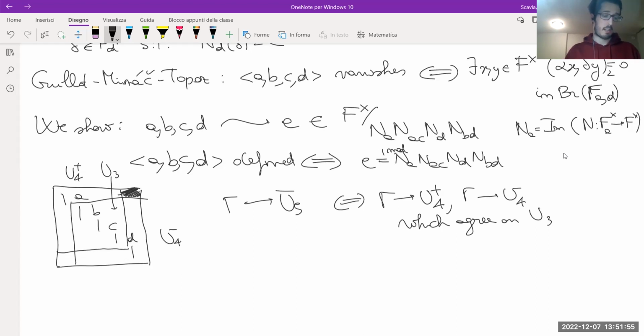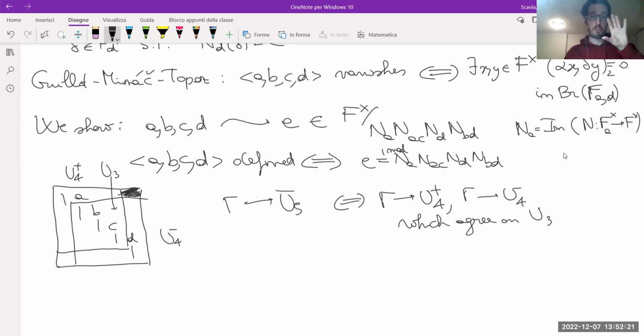Basically, you pick a solution. We know that the conjecture is true for n equals 4, so there will be solutions for U4 plus and U4 minus. So we just pick some solutions. We actually parameterize all the solutions without using the conjecture. In some way, we reprove the conjecture for n equals 3.